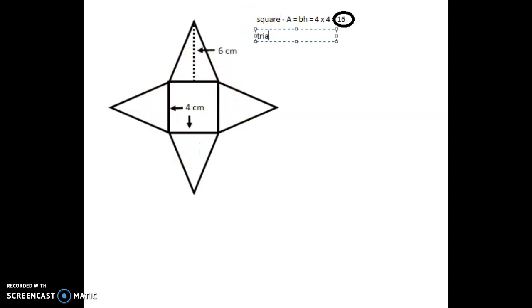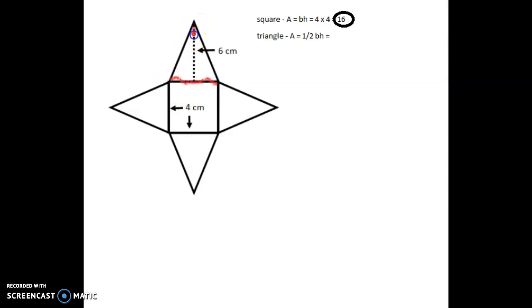So I'm going to label it as triangle, and we know that for a triangle, it's 1/2 times base times height. All that half means is at the end you're going to divide by 2. So the base of the triangle is right here, which we said is 4.